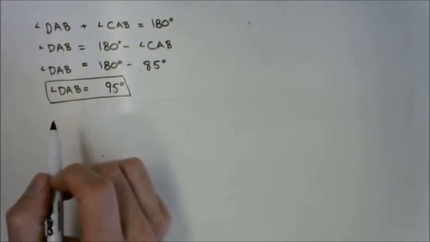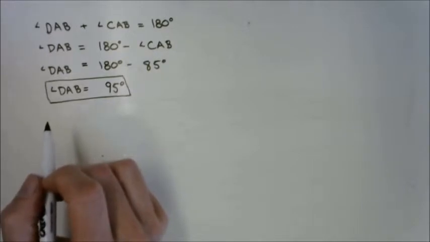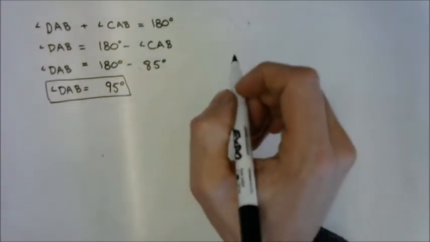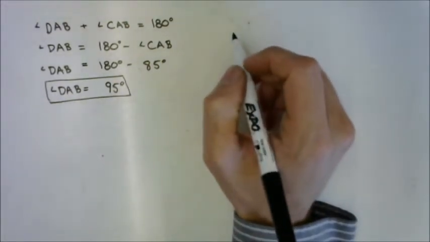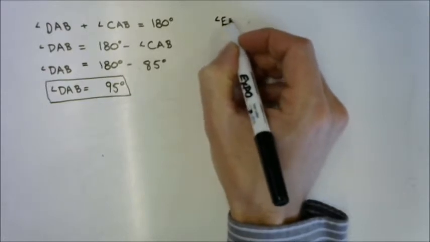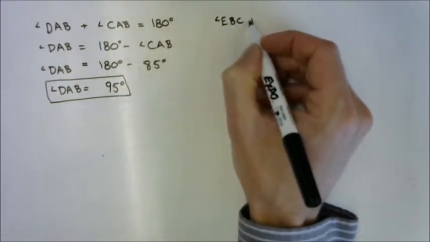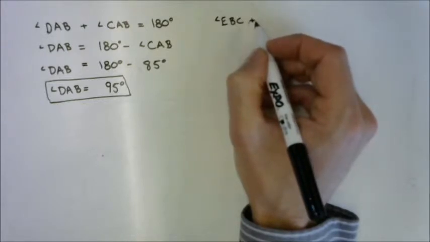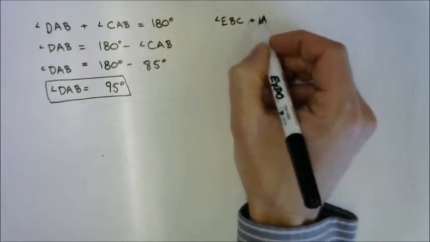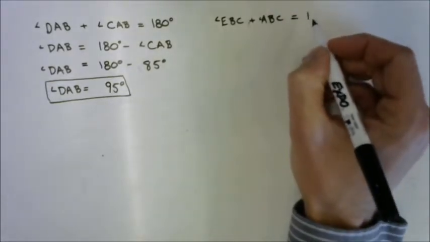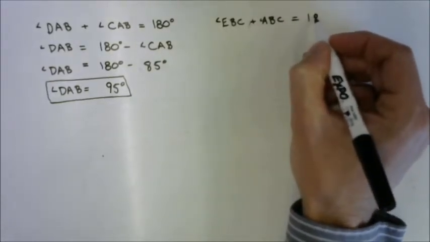We need to find the measure of all of the exterior angles. What's the next easy angle to do? EBC. So we're going to use the same strategy. Angle EBC, which is our exterior angle, plus angle ABC is going to equal 180 degrees.